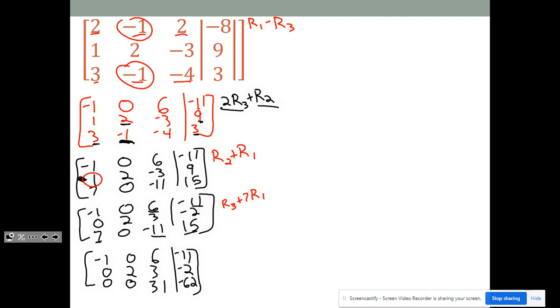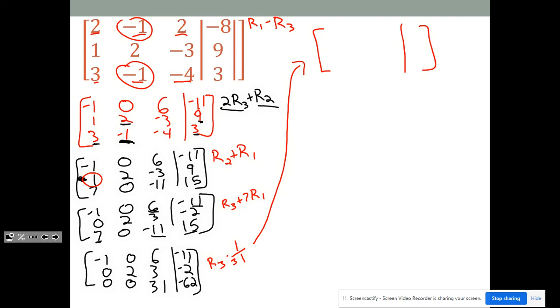Now, we're almost there. We've got some big numbers down at the bottom there, but if we look at that, 31 goes into 62. So what I'm going to do is row 3 times 1 over 31. Or in other words, I'm dividing row 3 by 31. Okay? So you're going to need a lot of space.